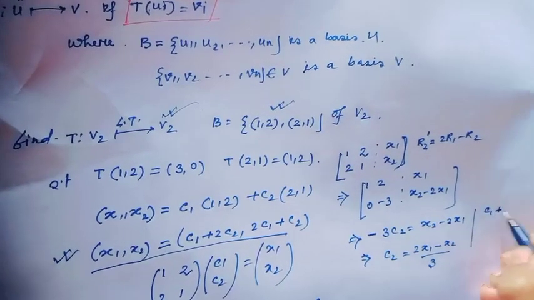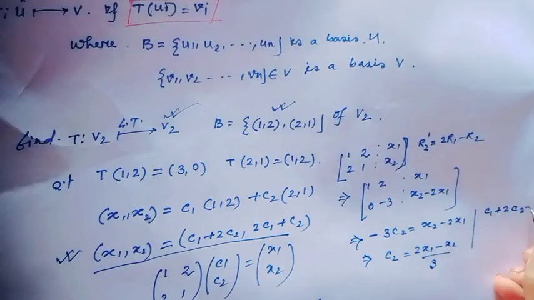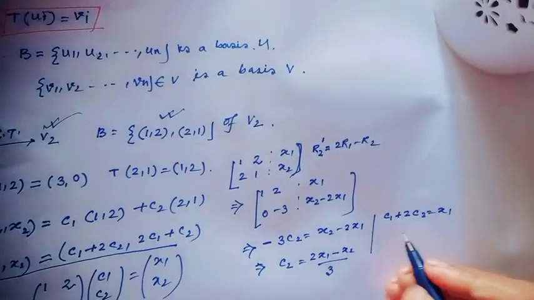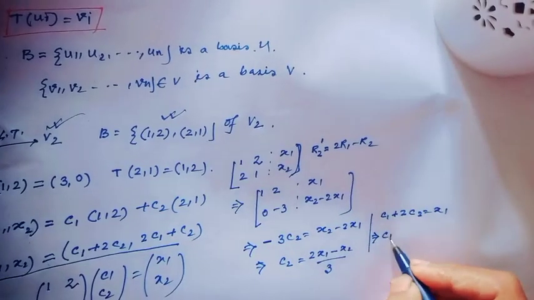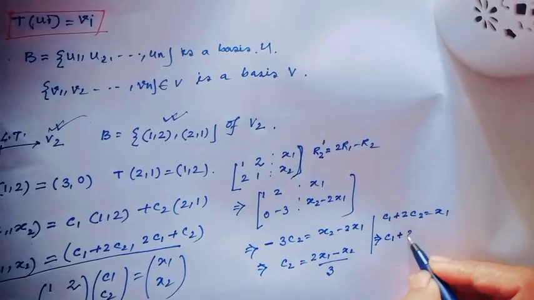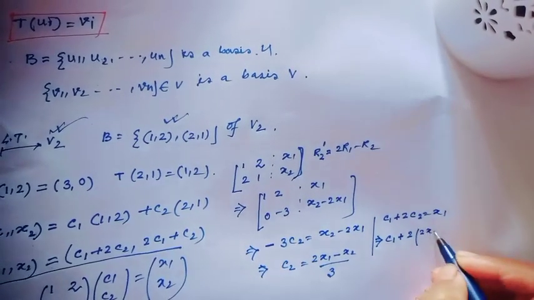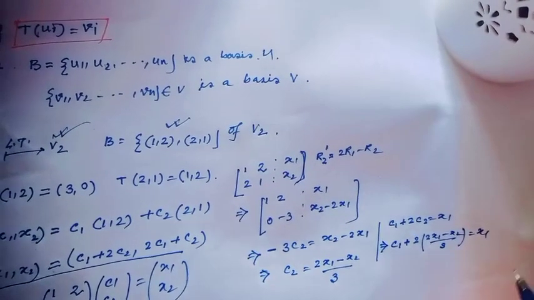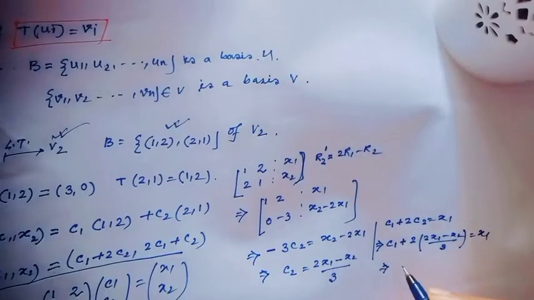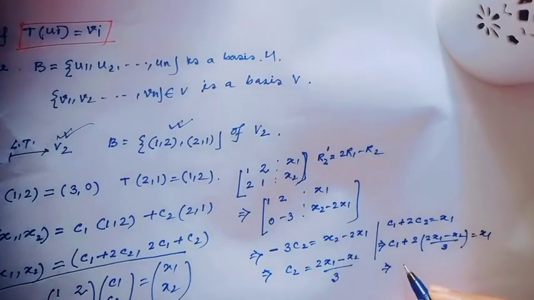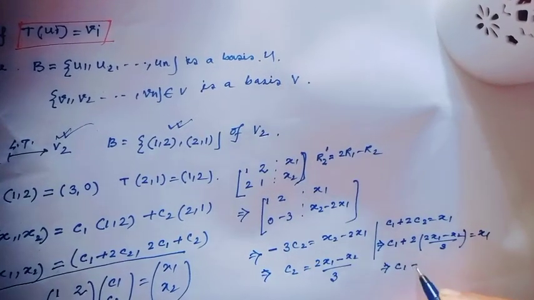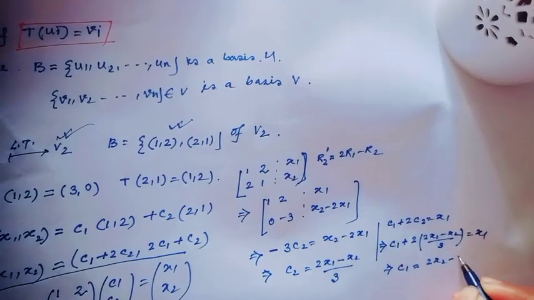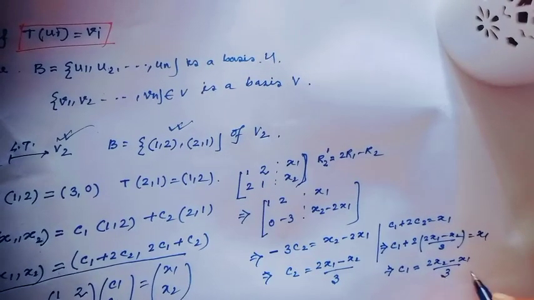And from the expression c1 plus 2c2 equals x1, just put the value here: c1 plus 2 times (2x1 minus x2) over 3 equals x1. After calculating, c1 would be (2x2 minus x1) over 3.